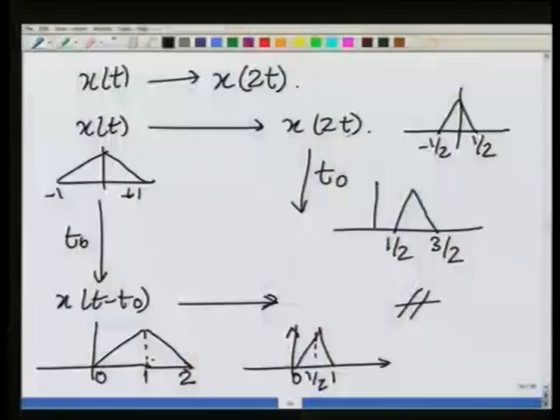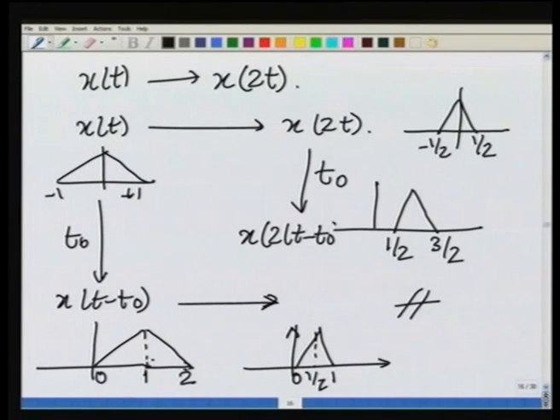This signal, the one which we get by applying the time delay to x of 2t, would be x of 2t minus t naught. You can verify this by checking for salient points on this graph. For example, in this original graph of x of 2t, we have the peak occurring at 0, and here we have the peak occurring at 1. Let us just verify if that is the right answer.